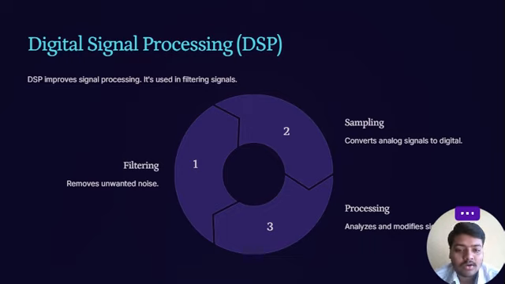Second one is sampling, which converts analog signals to digital form. Third one is processing, which modifies and analyzes the signal to make it useful. DSP is crucial in applications like audio processing, medical devices, and telecommunication.